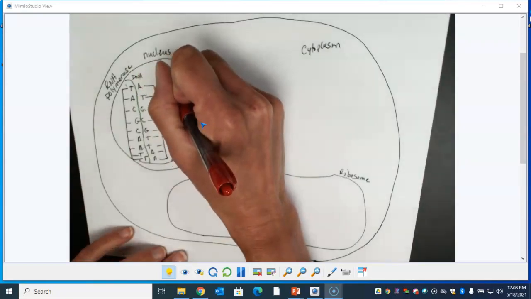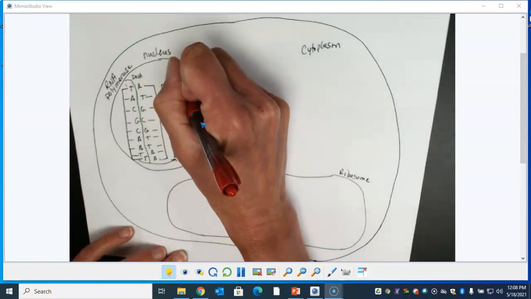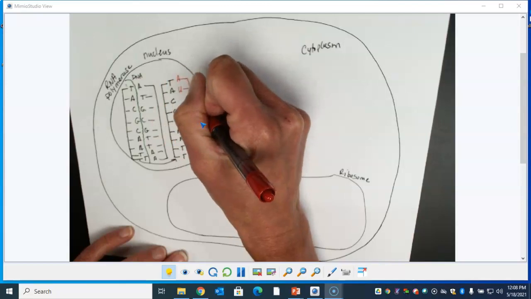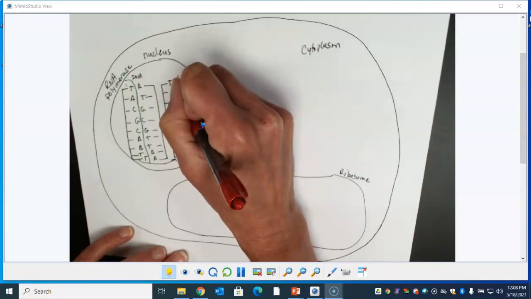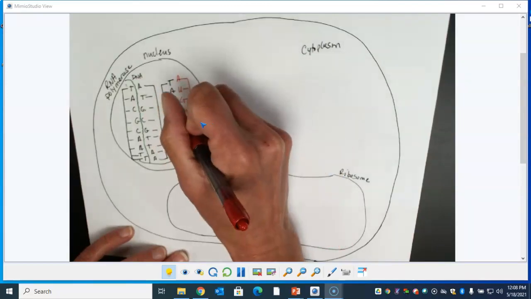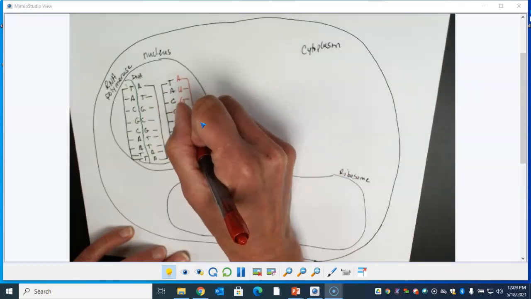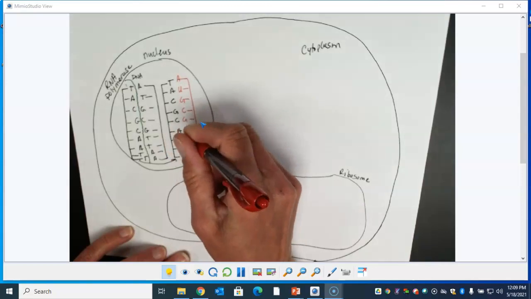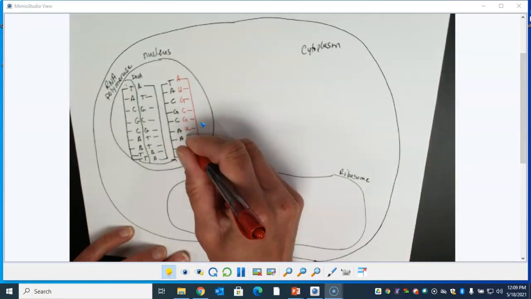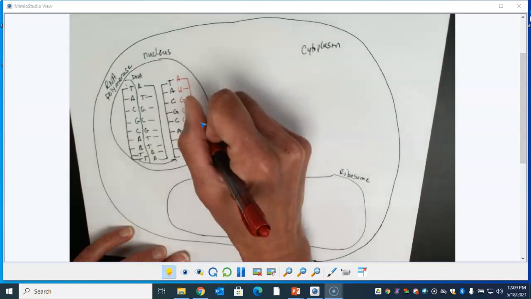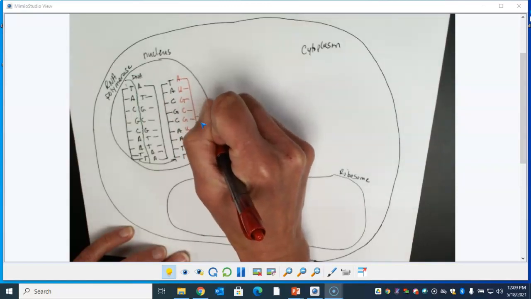Thymine, we have adenine, so adenine goes here. Adenine matches up with uracil. Cytosine matches up with guanine, guanine matches up with cytosine, cytosine matches up with guanine, adenine matches up with uracil, uracil, adenine, and adenine. This is messenger RNA.